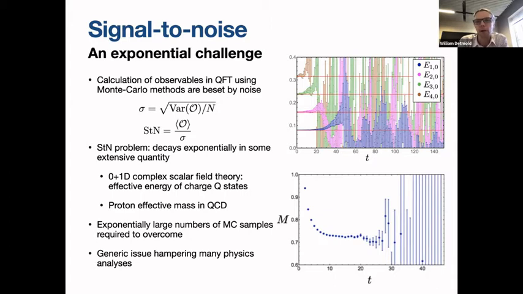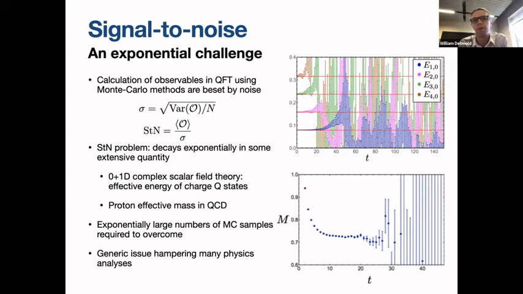So at the right, I've just put two examples of this signal to noise problem. The first example is from 0+1 dimensional complex scalar field theory. So a very, very straightforward system. And the plot corresponds to the effective energies of charge Q states for various values of Q. And as you can see by the error bars here, as we go forward in the Euclidean time, the error bars are growing, and they're actually growing exponentially fast.